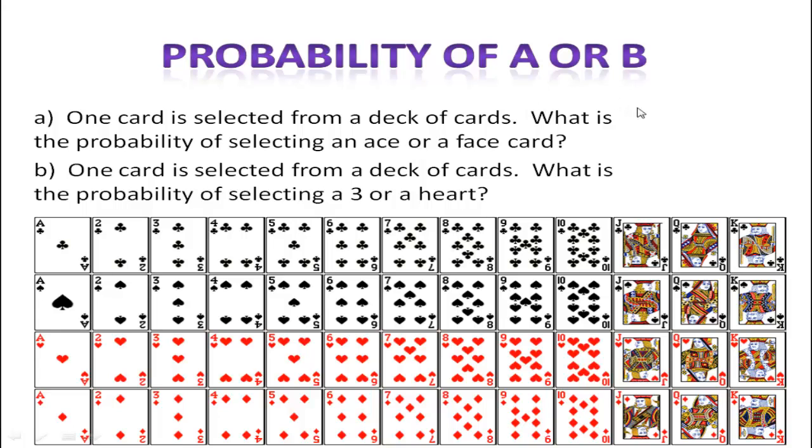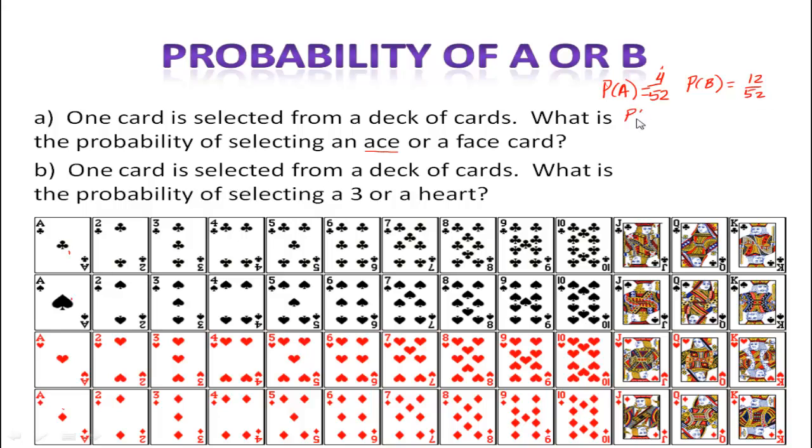So let's calculate. What is the probability of A for letter A? Probability of it being an ace card is 1, 2, 3, 4 cards out of 52. The probability of it being a face card is 12 out of 52.